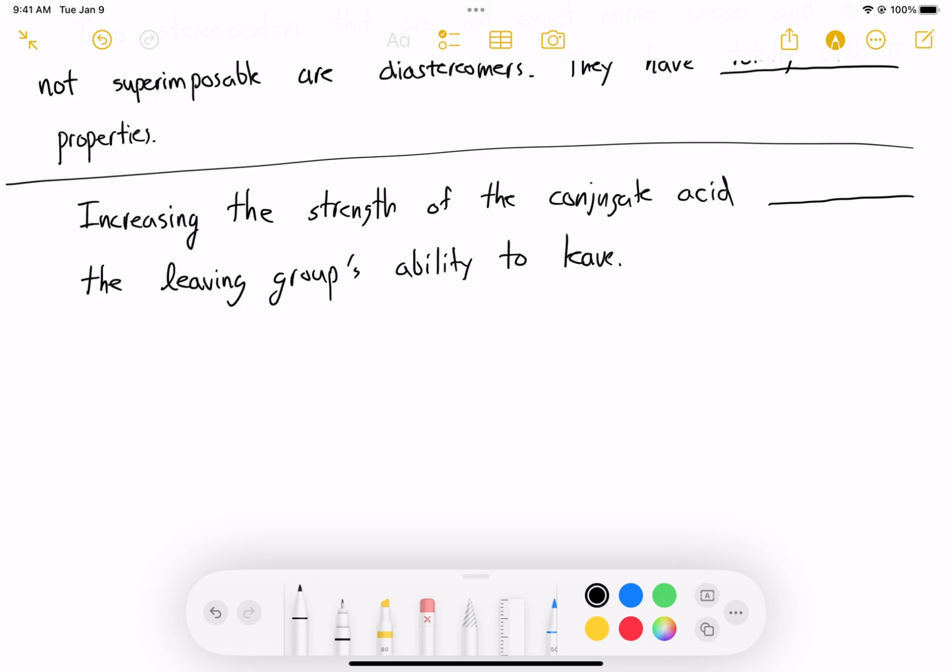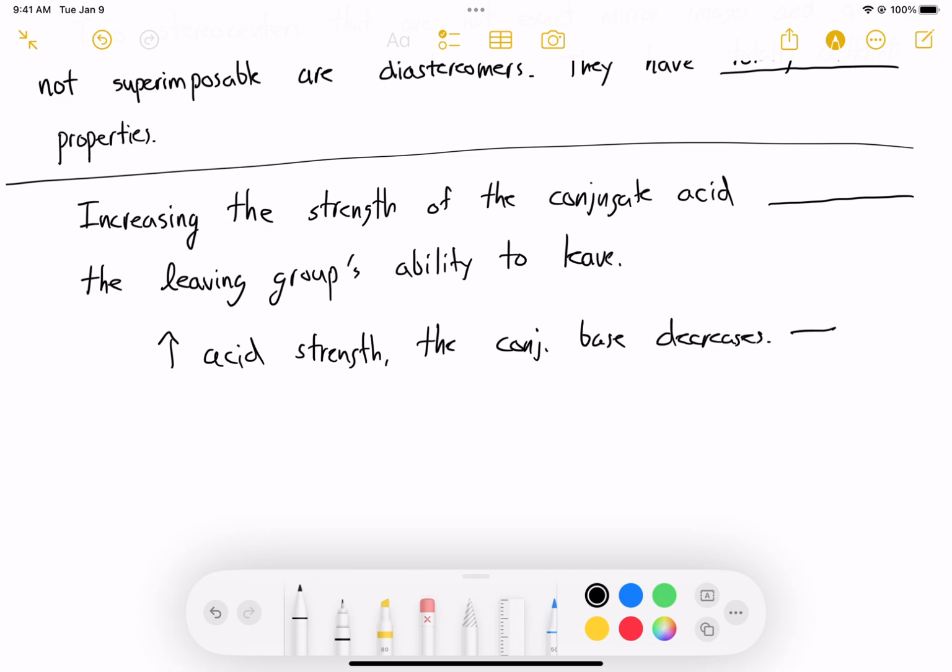So remember, leaving groupability is based on the strength of the acid. Because remember, as the acid strength increases, the conjugate base strength decreases.